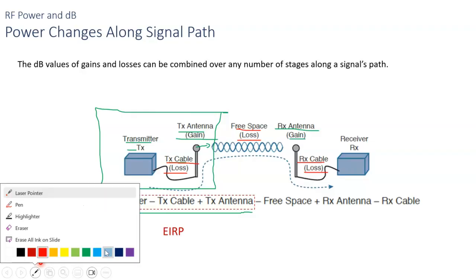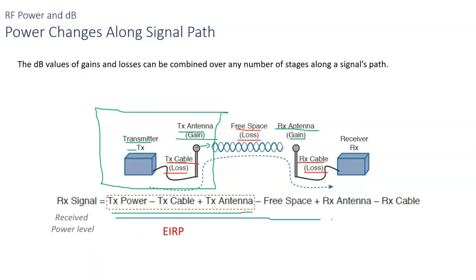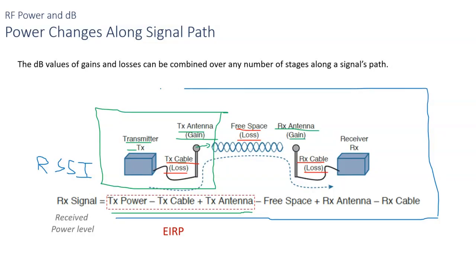If I calculated all this, I will get the received power level. Received signal strength identifier RSSI, received signal strength indicator, or the received signal power. The received signal power, because the received signal power is for whole the system.